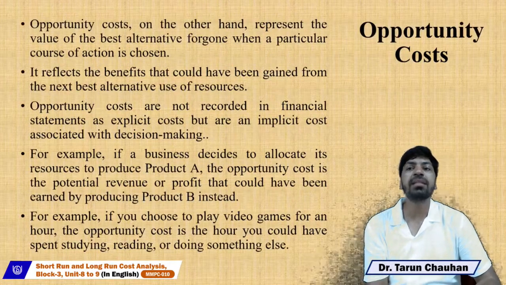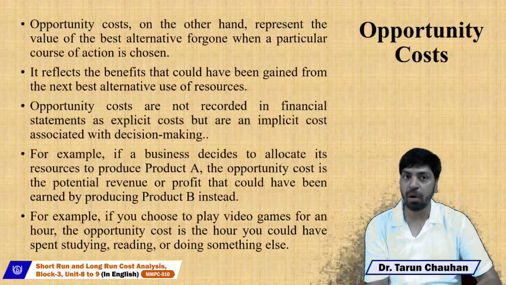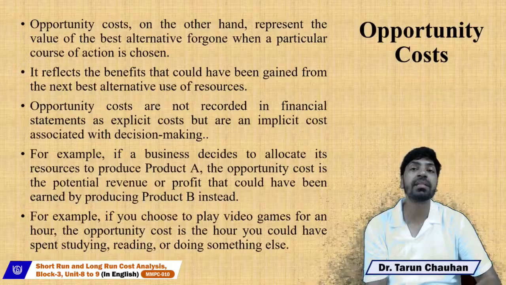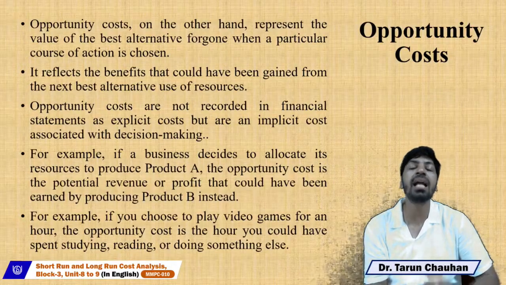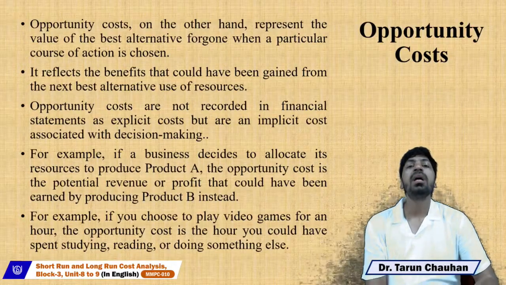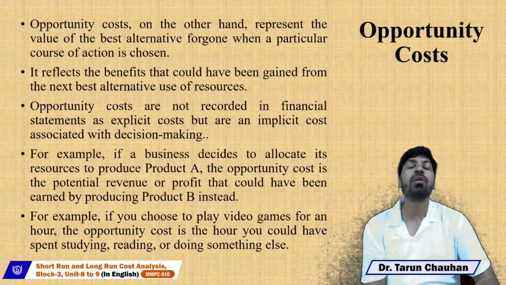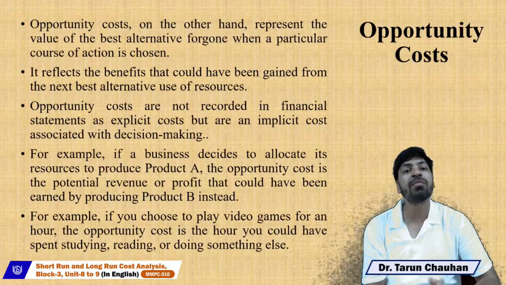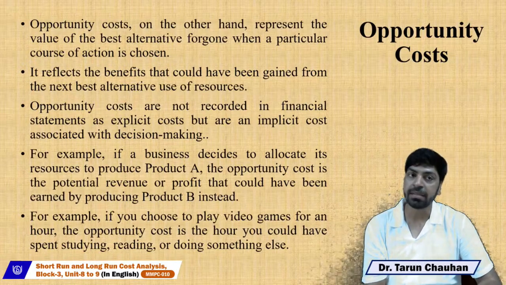Let's begin with the next cost, that is the opportunity cost. Opportunity cost, on the other hand, always represents the value of the best alternative option foregone when a particular course of action has to be considered.